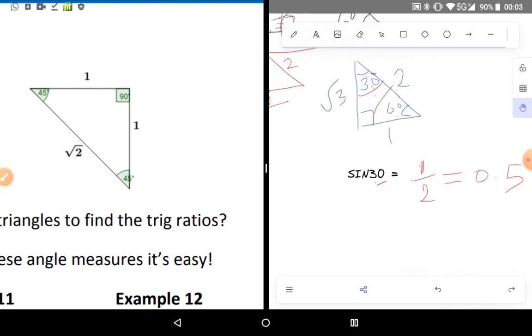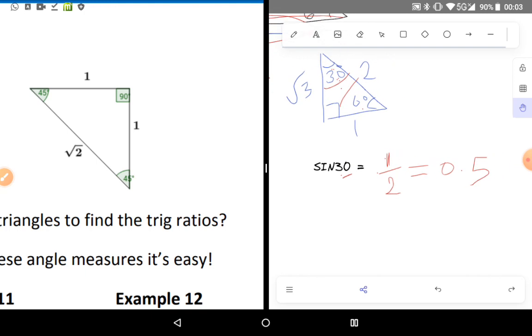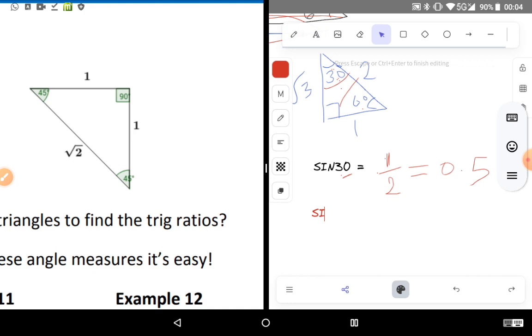So now, if I am asked to find, let's say for instance, sine 60, let's look at how we can solve that.